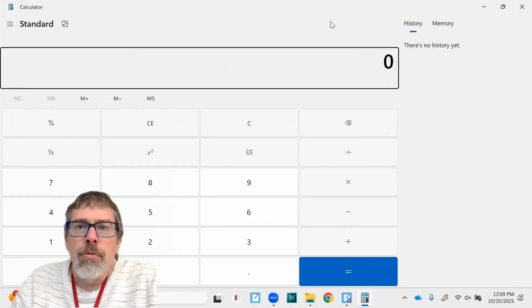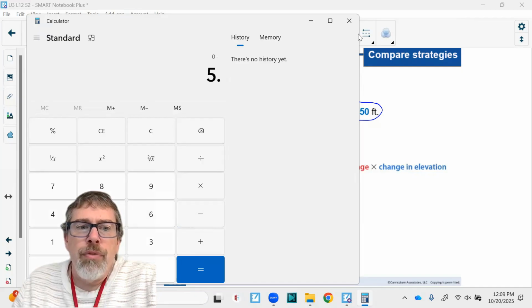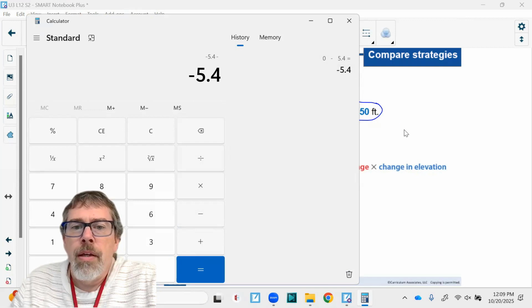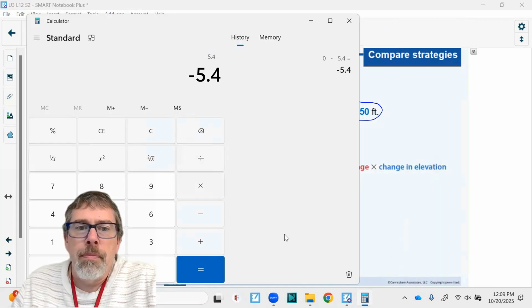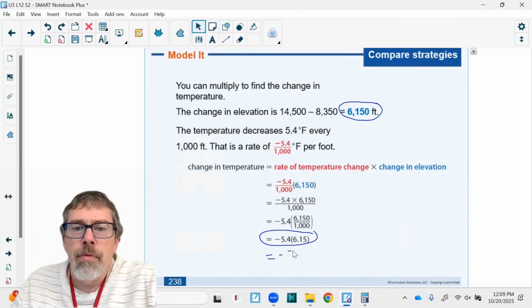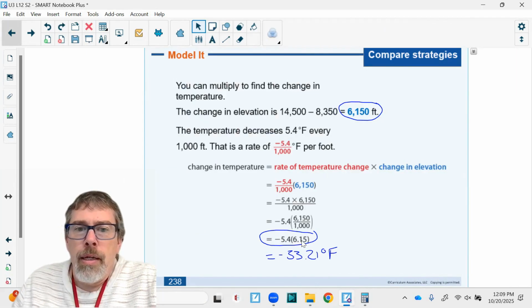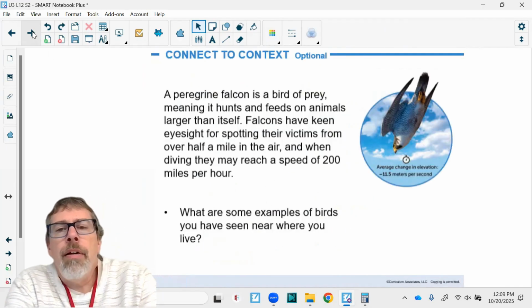Okay, so negative 5.4, okay, times 6.15 is negative 33.21. And that's what we got here. Beautiful. All right, next problem.